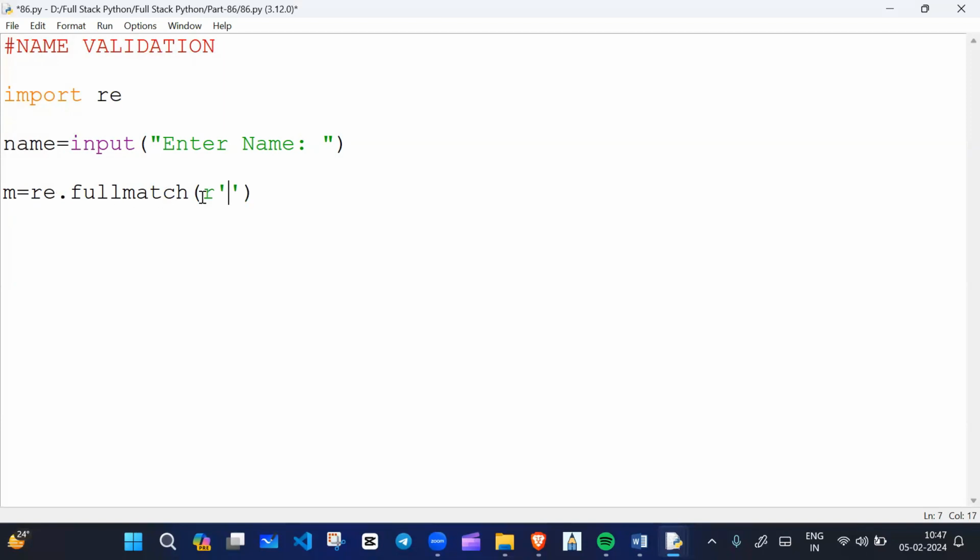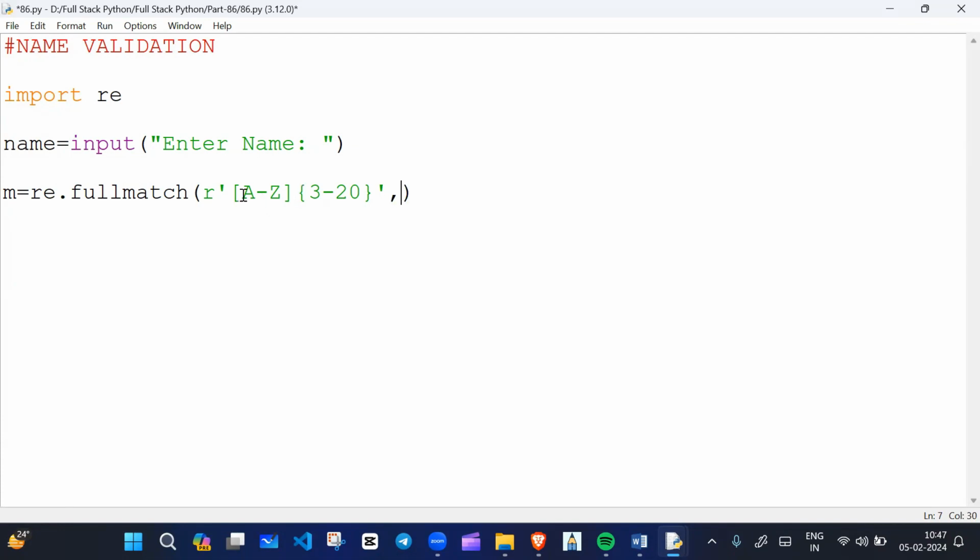I will write the pattern. What pattern do you want to find? First I will write a square bracket. A square bracket means either this or that. Like what I will say, either a to z. This is a range. Either a to z, or we can say 3 to 20, right?